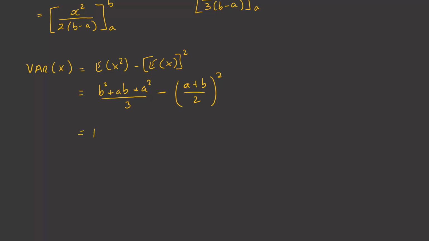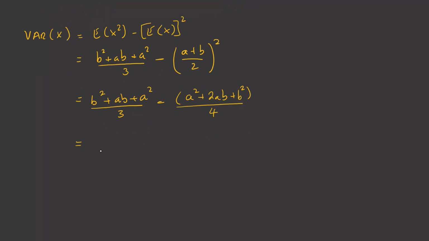So that's (b squared plus ab plus a squared) over 3, take away (a squared plus 2ab plus b squared) over 4.